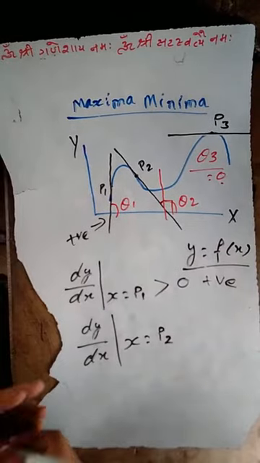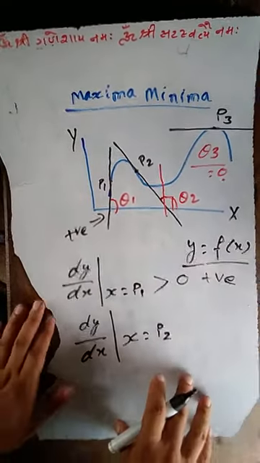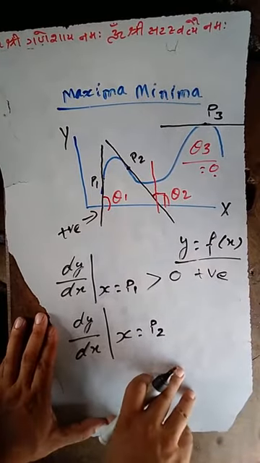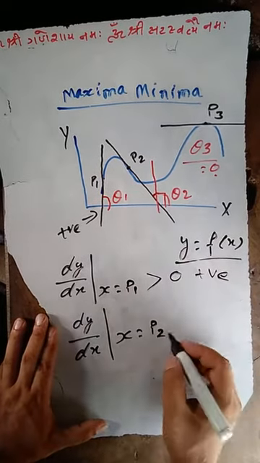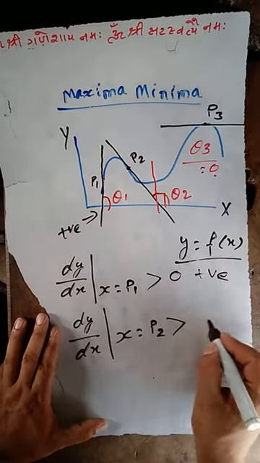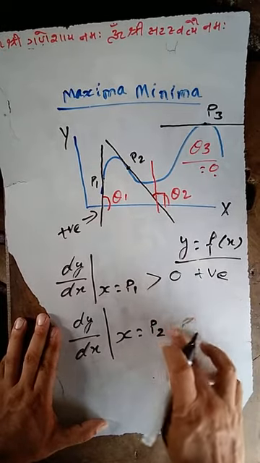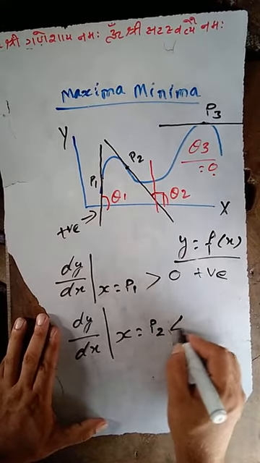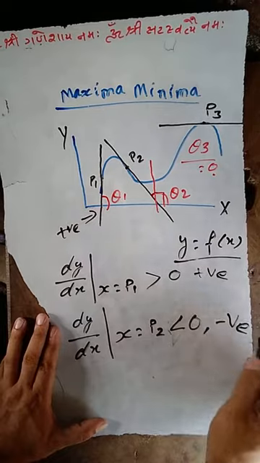So this comes under the second quadrant, and in the second quadrant tan theta is negative, so its value will be less than 0, that is, negative.